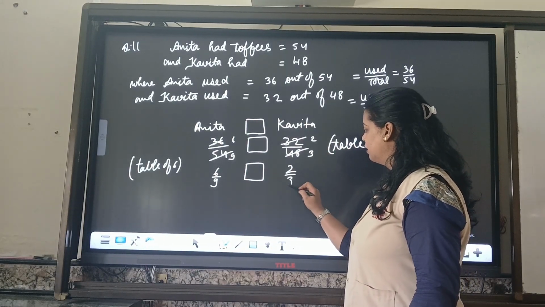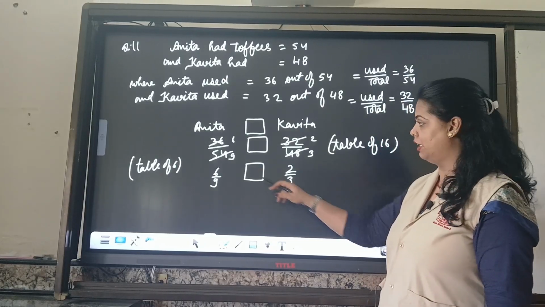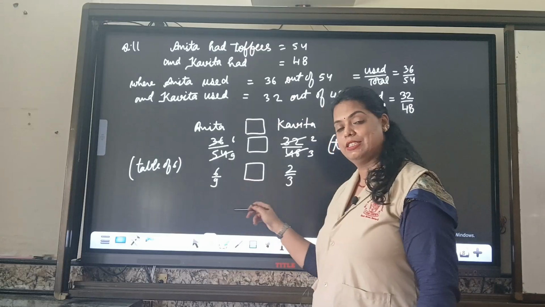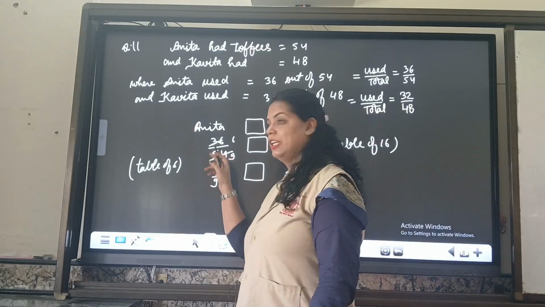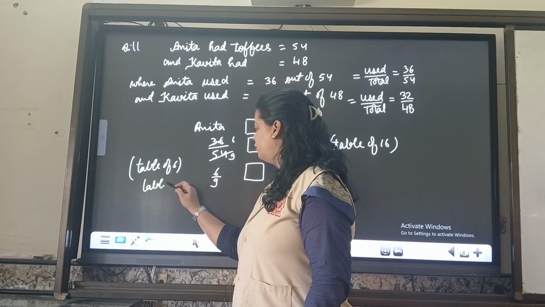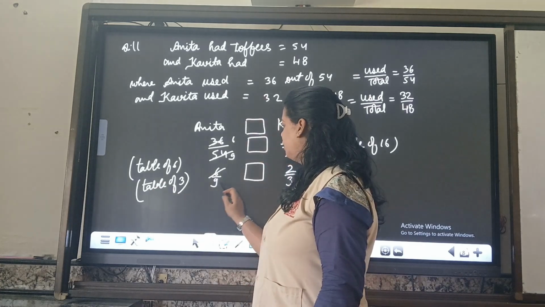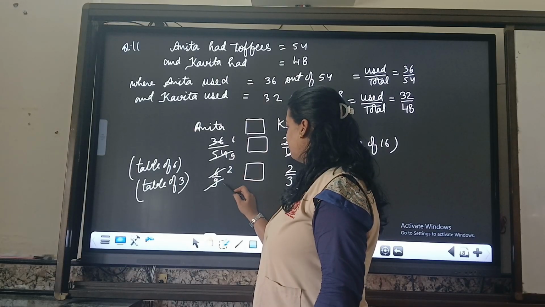It is the reduced form. After 2 upon 3 I can't reduce it anymore, but here I can reduce. Which table can I take? Yes, the table of 3 I can take. If you wish, you can take the table of 18 directly also. So I am taking the table of 3 and it will give you 2 times and 3 times.